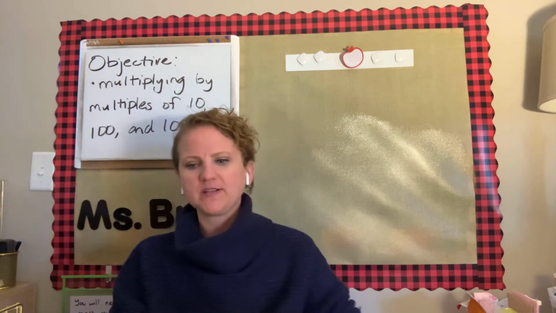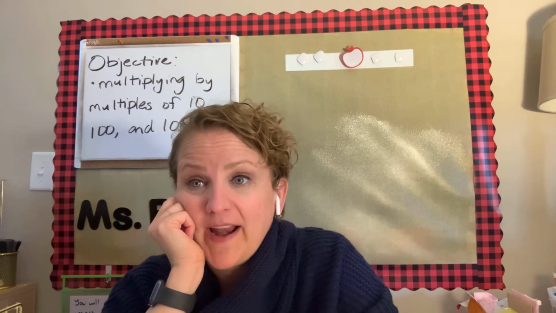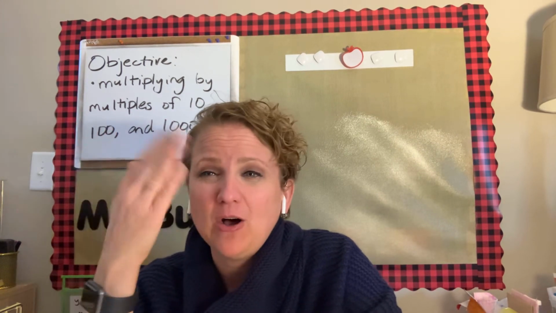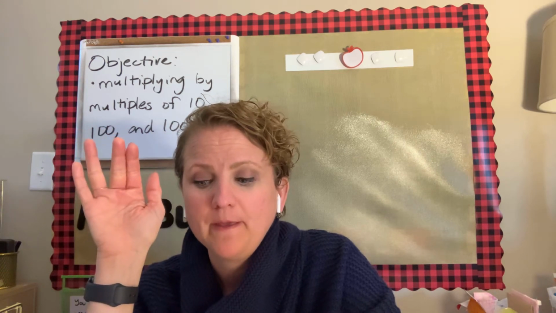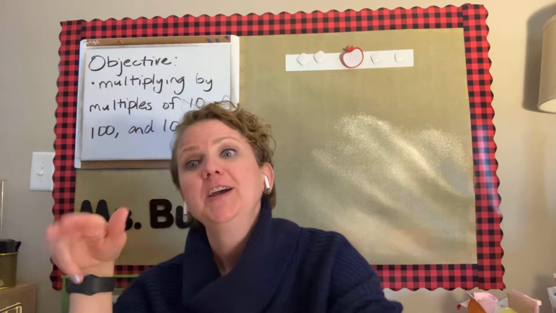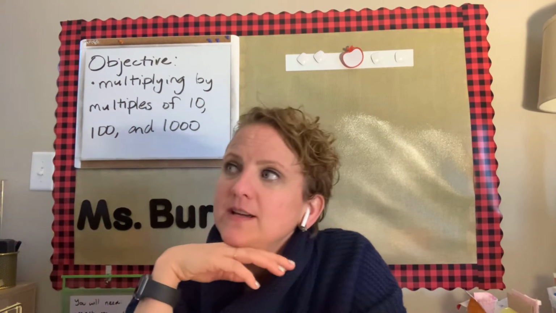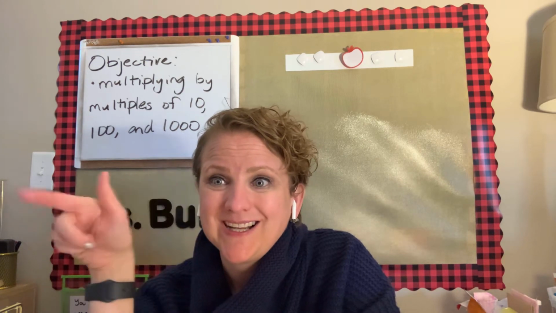And that's what we worked on throughout our lesson on Friday, right? So when we multiply by 10, all we have to do is move the decimal point 1 to the right. When we multiply by 100, we move that decimal point 2 to the right. When we multiply by 1,000, we move that decimal point 3 to the right.